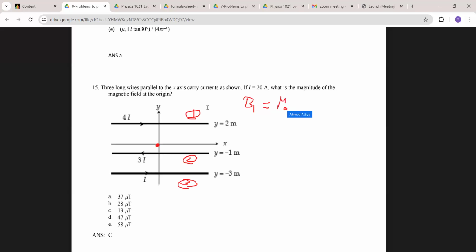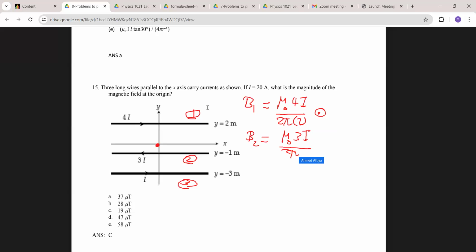So B1 is mu naught I over 2 pi r. The value of r is 2 meters. And this would be inside the screen. B2 would be mu naught, the current is 3I over 2 pi r.